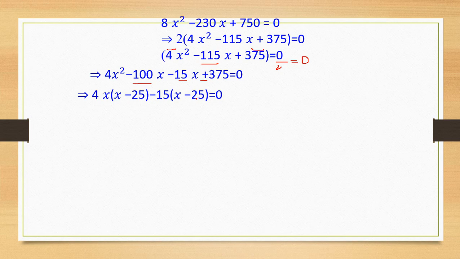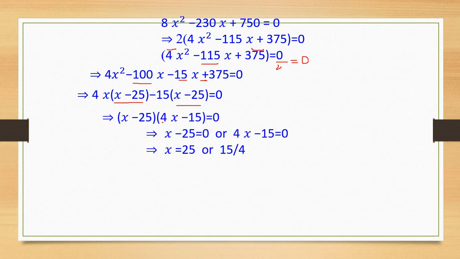In the two terms, the quantity x minus 25 inside the bracket is the same for both terms. So we can take x minus 25 common, and inside the bracket the rest of the quantities are 4x and minus 15. So x minus 25 multiplied by 4x minus 15 are the factors of the given equation.